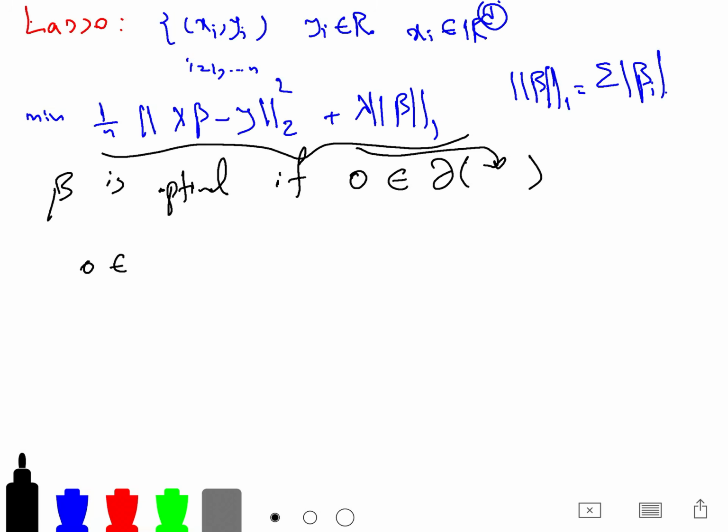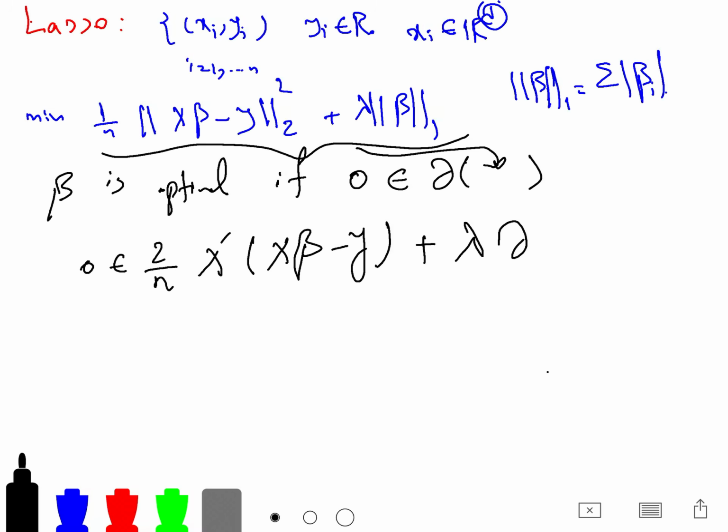The first term is differentiable, so no problem, same as usual: X transpose (X beta minus y). For the second term, we have talked about it with an example, so you know it's just lambda times the subdifferential of the norm of beta.